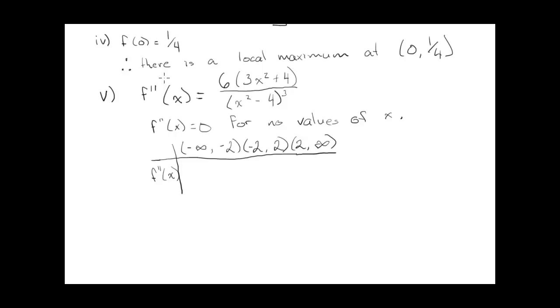So now I'm looking at the second derivative, trying to figure out if this would be positive in these three intervals. Between minus infinity and minus 2, this would be a positive number. Between minus 2 and 2, this would be a negative number. And bigger than 2, we'd have a positive. So we're concave up, concave down, and concave up.